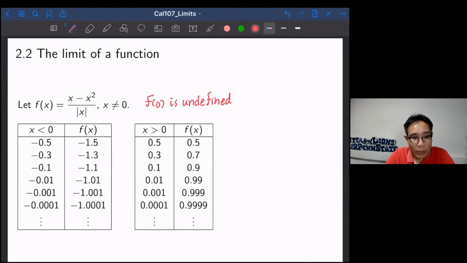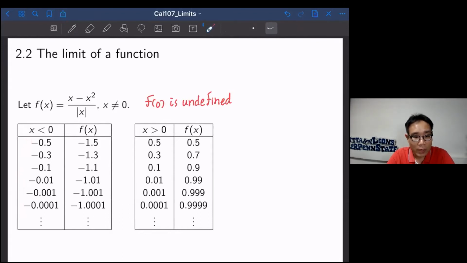However, you'll be able to compute the value of the function when x is less than 0 and when x is greater than 0. So when x is less than 0, it's going to be x equal to negative 0.5, x equal to negative 0.3, x equal to negative 0.1, and so on.